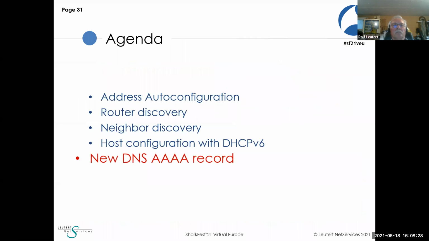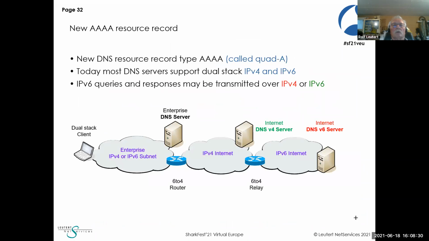Of course, in order to communicate via IPv6, we also have to have a DNS server which is able to deliver us the IPv6 records. And they are called quad A records. Remember, in IPv4, we had the A record for address.